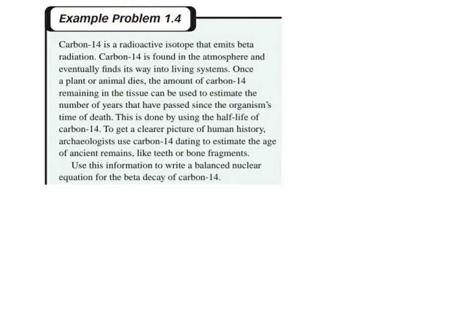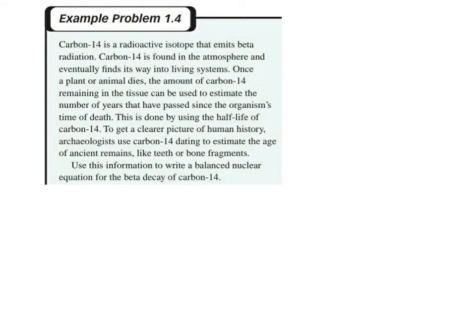This is done by using the half-life of carbon-14. To get a clearer picture of human history, archaeologists use carbon-14 dating to estimate the age of ancient remains like teeth or bone fragments. Use this information to write a balanced nuclear equation for the beta decay of carbon-14.